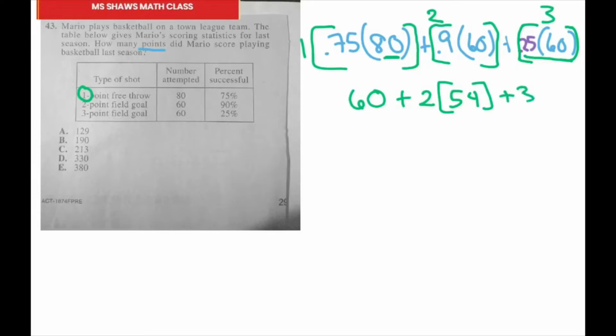So that's going to be plus 3 times 15. When you multiply all that out, you're going to get 124.8. Well, I think I'm on the wrong set here. Let me multiply this out. You have 60 plus 2 times 54, which is 108, plus 45. And that gives you 213. I was looking at a different problem. So the answer is 213.